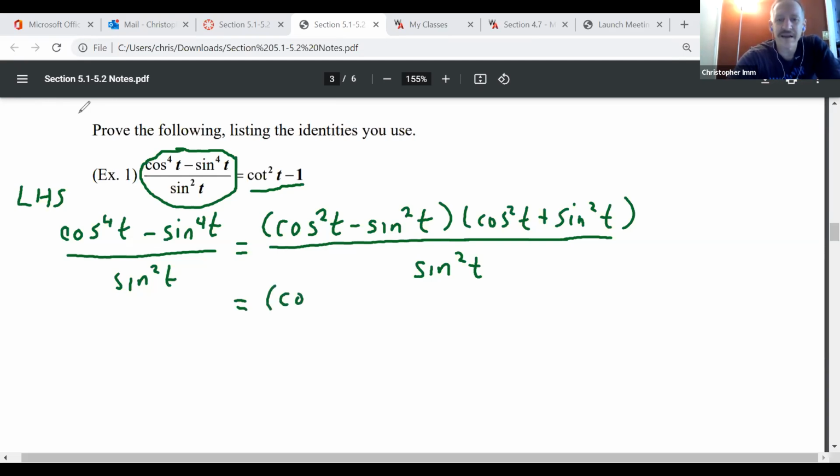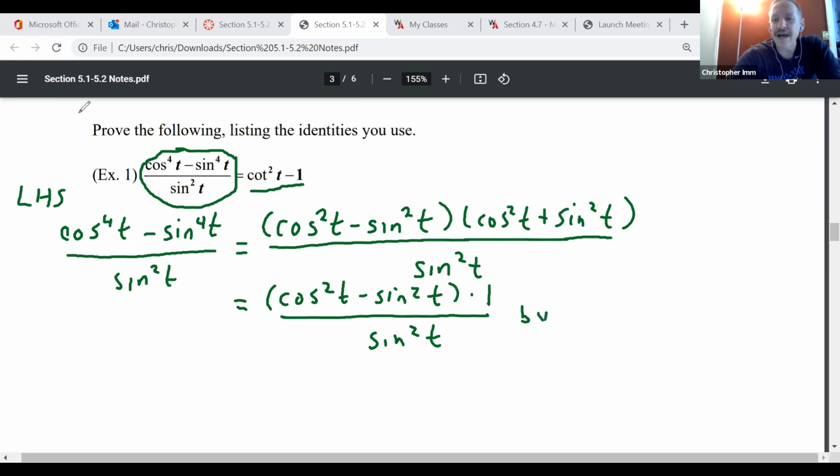So I'm going to say cosine squared t, great job, Michaela, minus sine squared t times 1 over sine squared t by that Pythagorean identity. So you see I am sort of messily putting what I use here. So that shows the reader exactly what I'm doing.